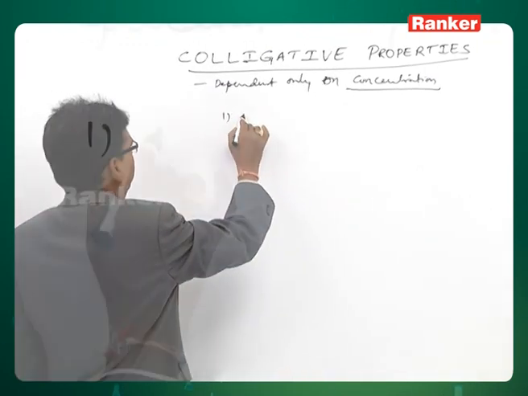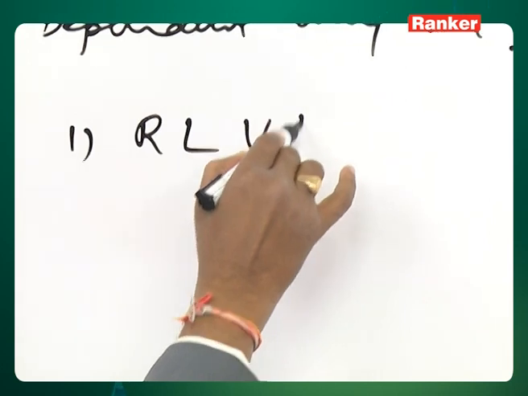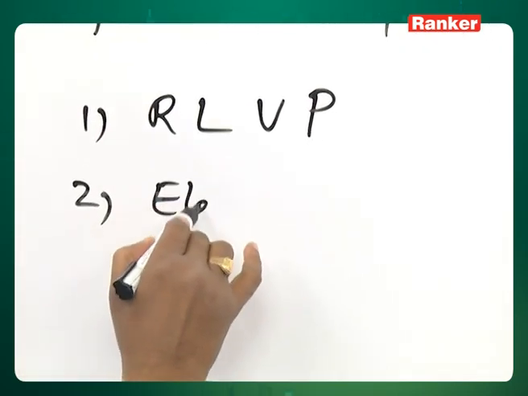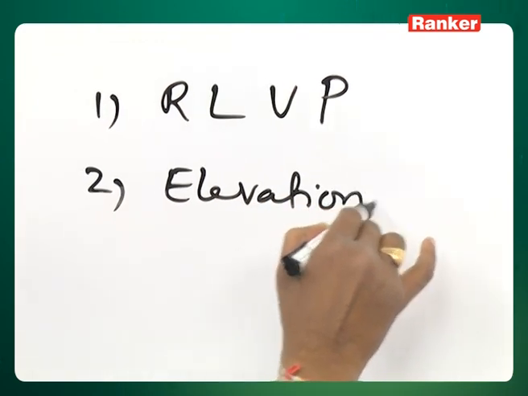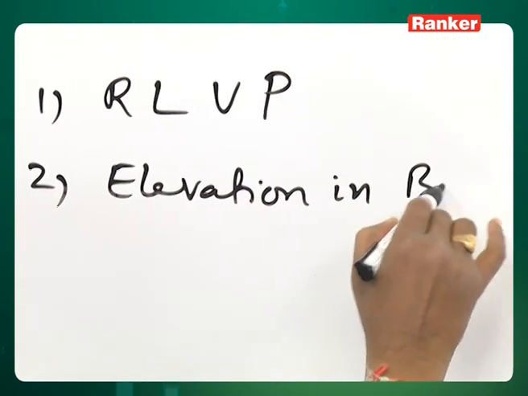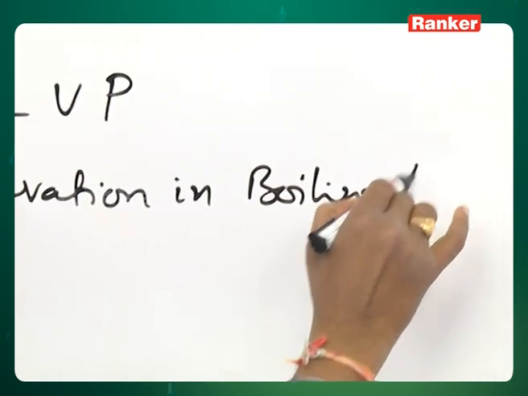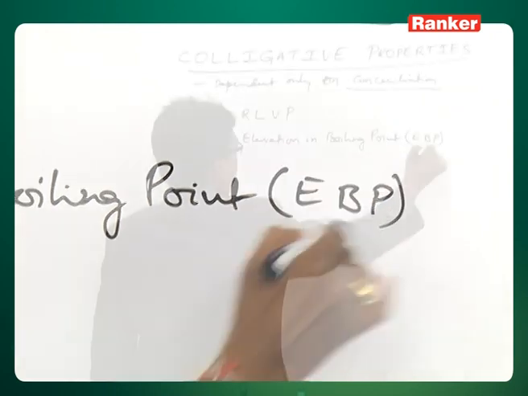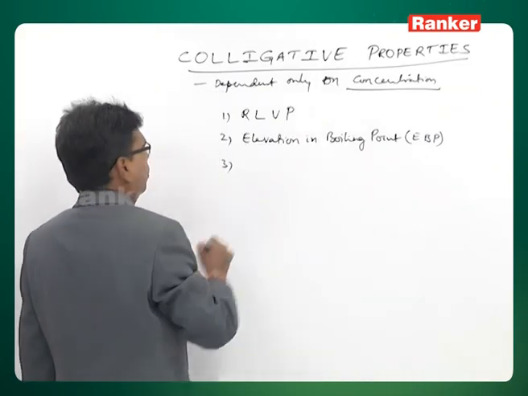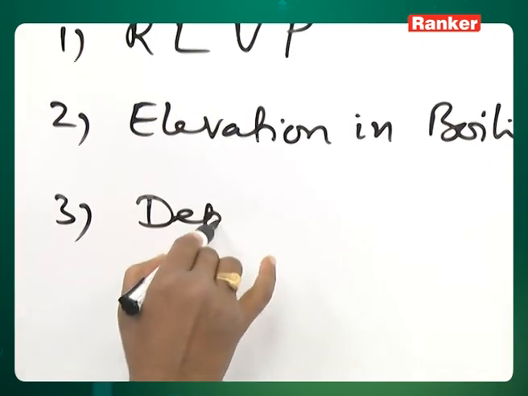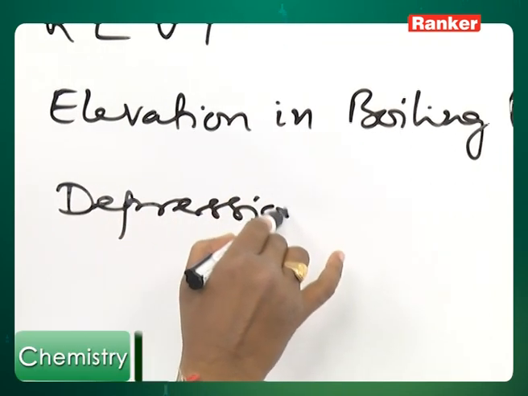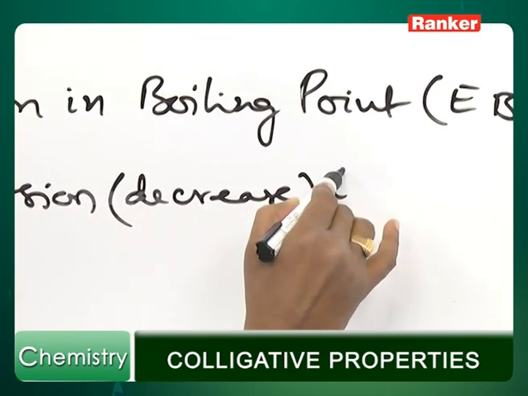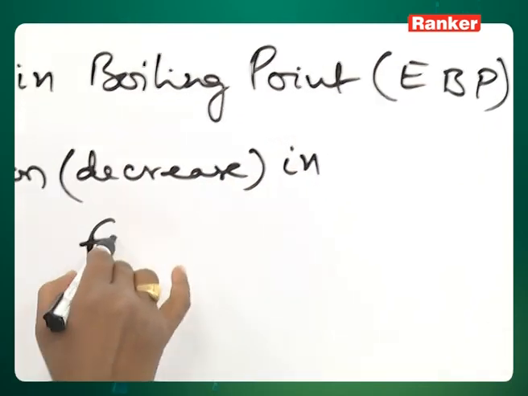One is relative lowering of vapor pressure. Second one is elevation in boiling point, EBP. Third is depression or decrease in freezing point.